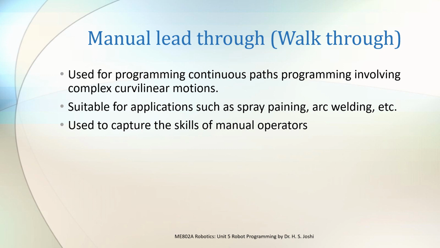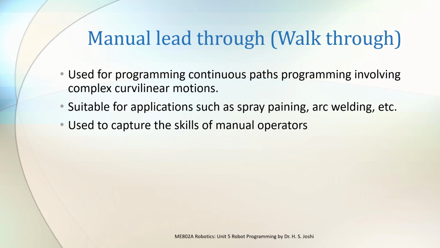So there may be a skilled operator, and we want to capture the skills of that skilled operator so as to do that task repeatedly, any number of times, through the robots. The skilled operator will hold a spray gun which is at the end of the robot wrist or at the robot end effector, and then he will do this operation of spray painting, while the robot captures the motions followed by the operator.